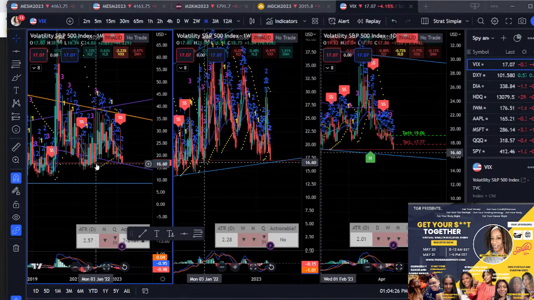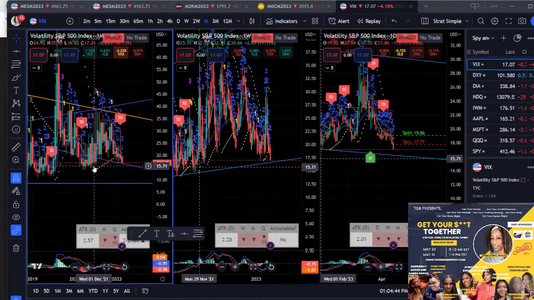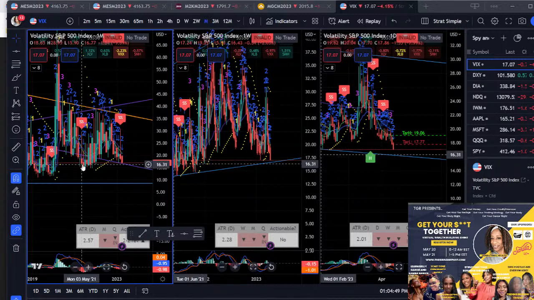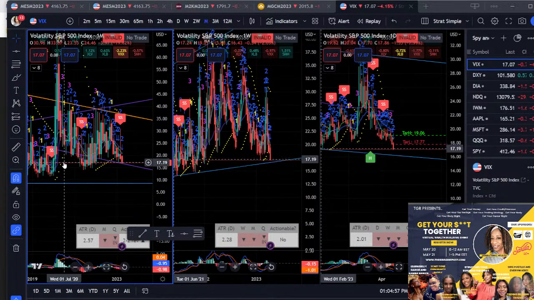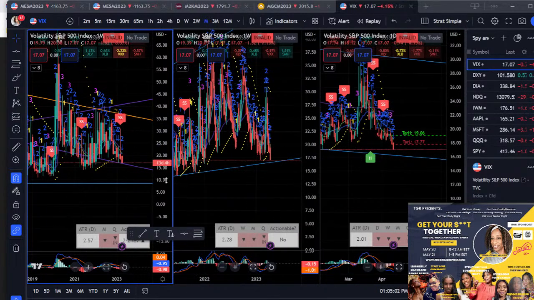So there's still room to the downside. 1660 is the next support, and then the next support after that is going to be around 15 bucks, which to me, between 15 and 16 is pretty strong support. And so we need to see what it does there, because if you can see right here at 16, it's rejected here several times, and then back here you can see it was a resistance that it broke through. So I'm interested to see how VIX acts in this area here. So that's how we're looking on the month.